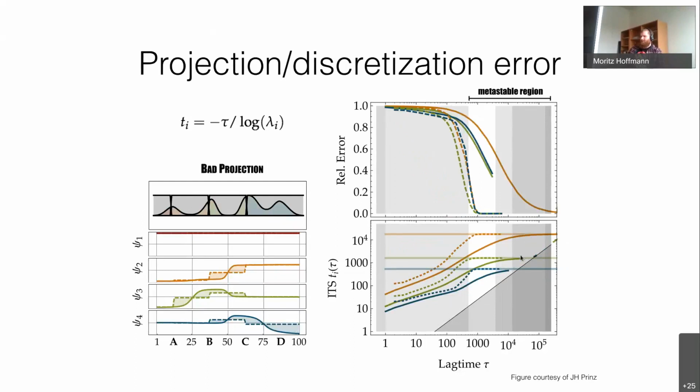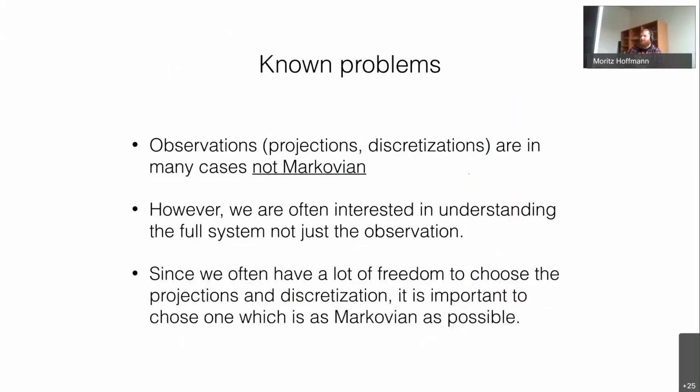That means we're effectively losing the green and the blue process here, because before we can resolve them, they became constant, which means that under our model, the data is more or less Markovian. These processes are faster than the lag time, and our model doesn't capture them anymore. So this is something that we can use for validation, and you'll also do this later.